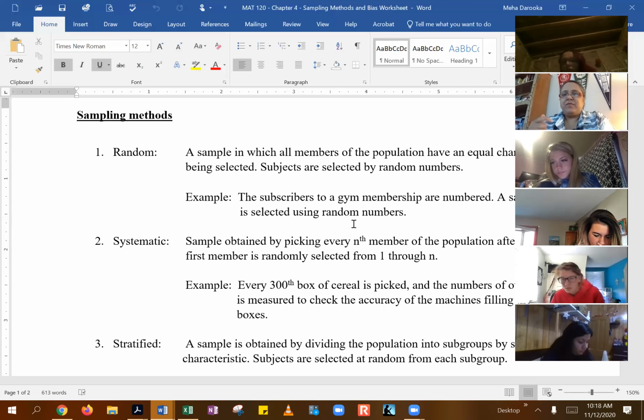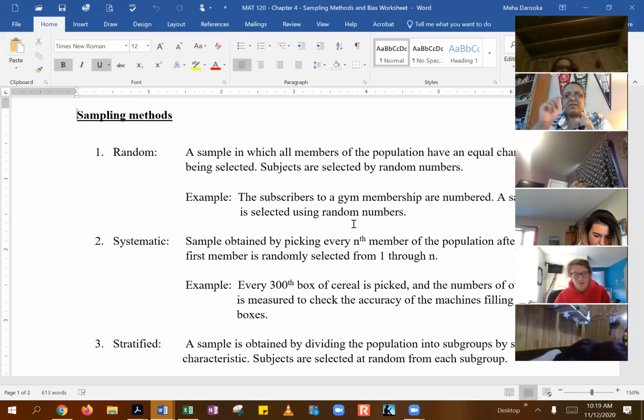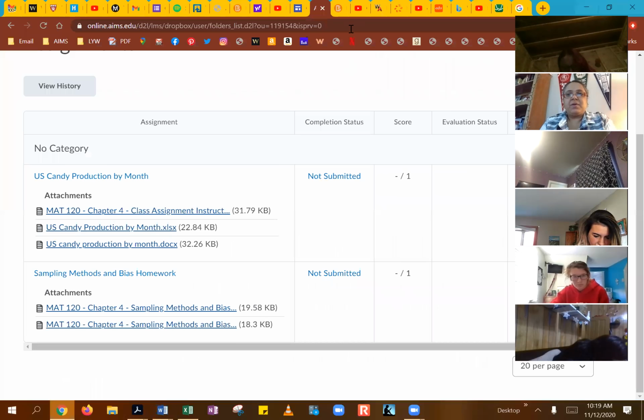So the idea of a random sampling is you will just assign everybody a number. So if you have 100 people, you can say, okay, I'm going to assign this person number 1, number 2, number 3, number 4.